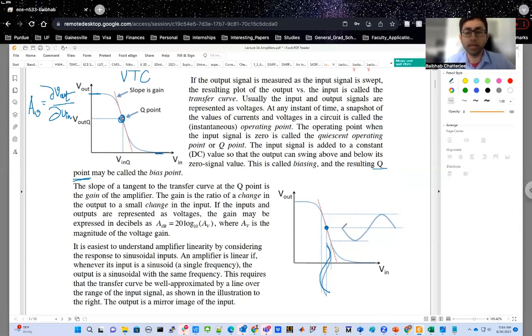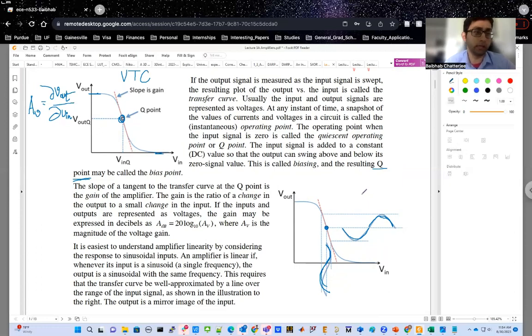What that means is that if you plot it graphically and follow these dotted lines, when you have a positive cycle of the sine wave at the input side, you have a negative cycle at the output side. Similarly, when you have the negative cycle of the input, you have the positive cycle at the output. That effectively means that the AC gain of this amplifier is a negative quantity.